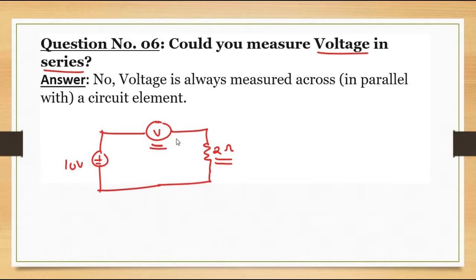So you should never connect a voltmeter in series with any element, but you should connect it across, or in parallel with, that element. So this is the correct way. Hope that you have no doubt in this question. Let us move towards our next question.